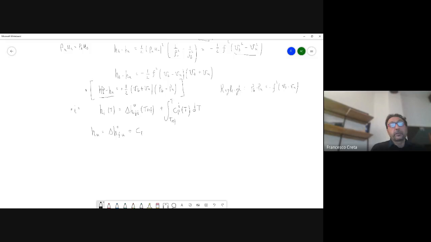It's a crude assumption, but this allows me to write down this very simple equation. So we assume for the time being that this is a simplified theory, so Cp is constant. Now for the burnt side, we have just about the same thing.